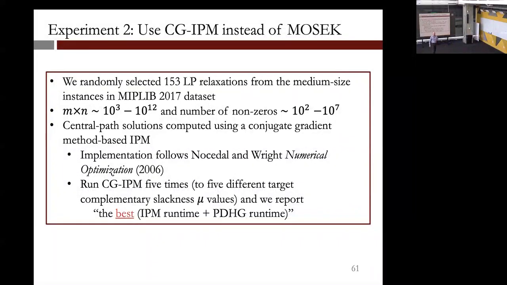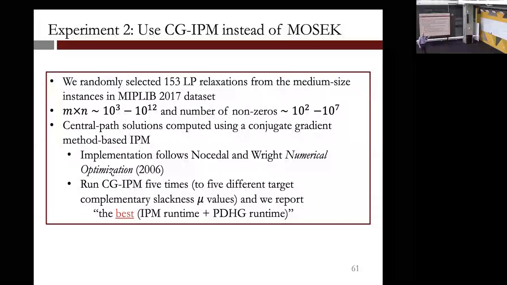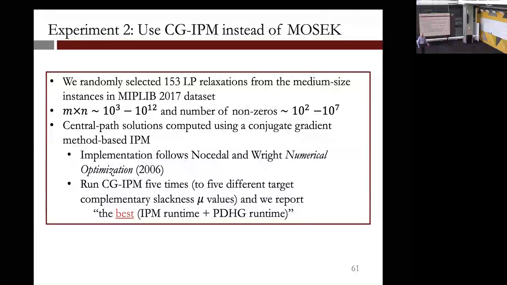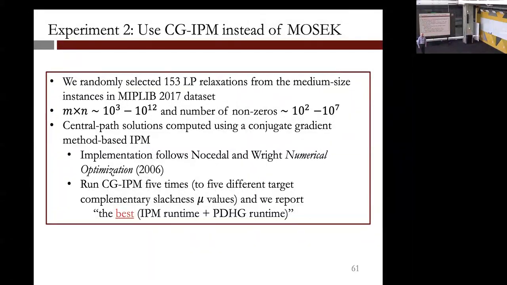There is no theory for that at the moment. I had slides showing 70 problems for which the central path doesn't exist. We don't do as well as we do for the well-behaved problems, but we still do very well.